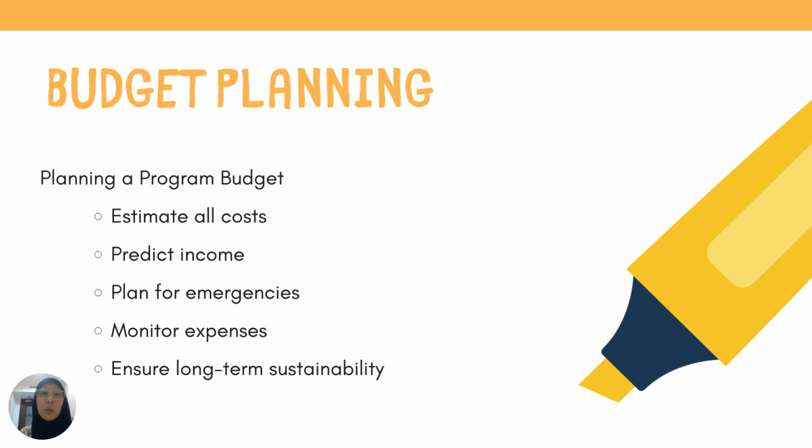You need to estimate all costs from the staffing, the maintenance, operations, supplies, and everything. Not only that, you also need to predict your income. In the future, how much you need to make, how much money will come in. Not only in and out of the money, you also need to plan how much fund you need to allocate for emergencies in case something happens.